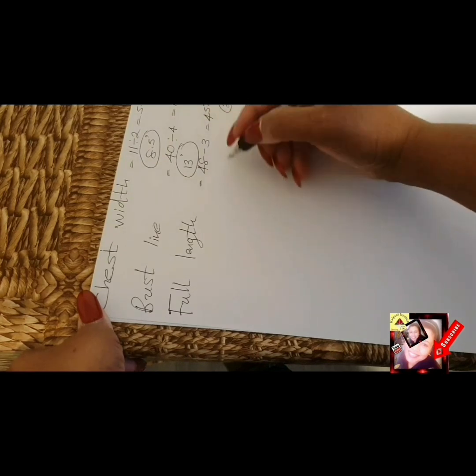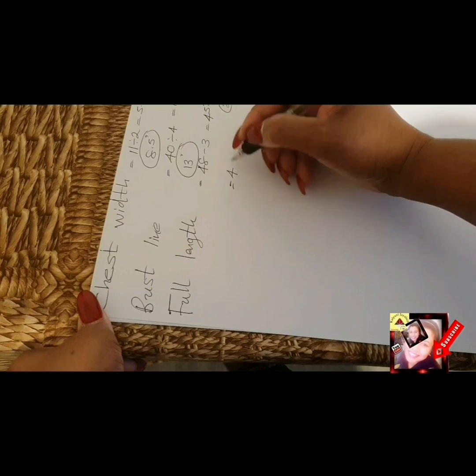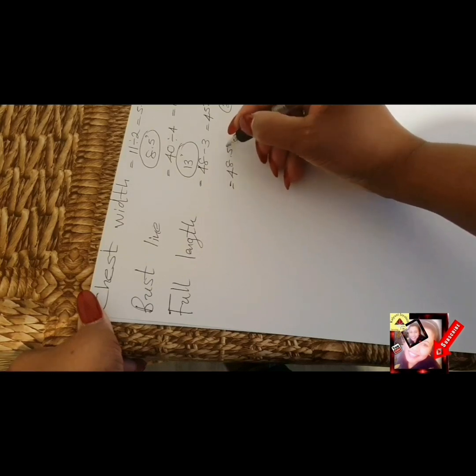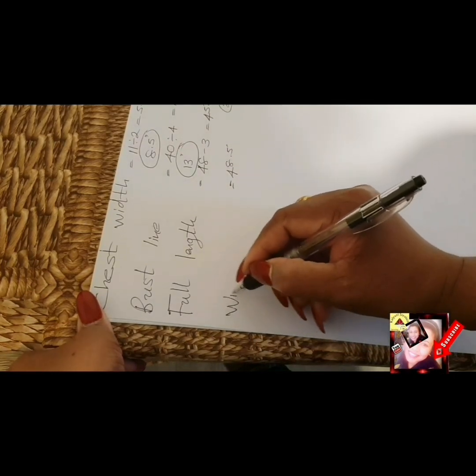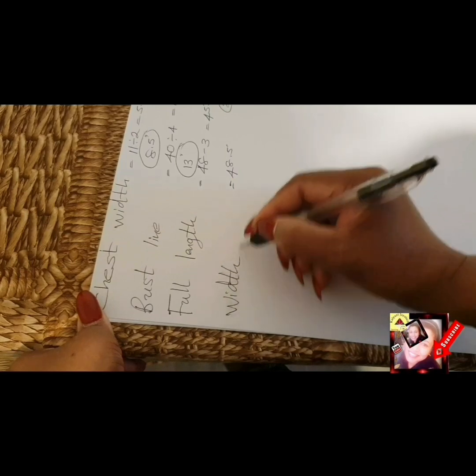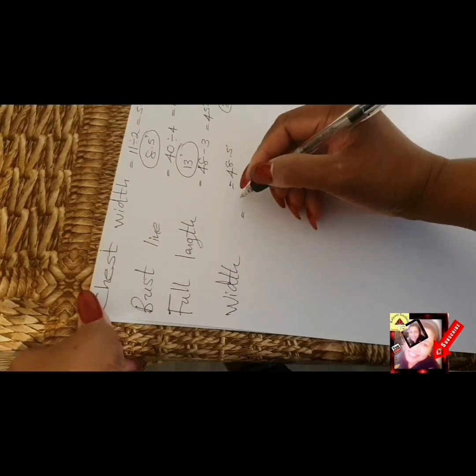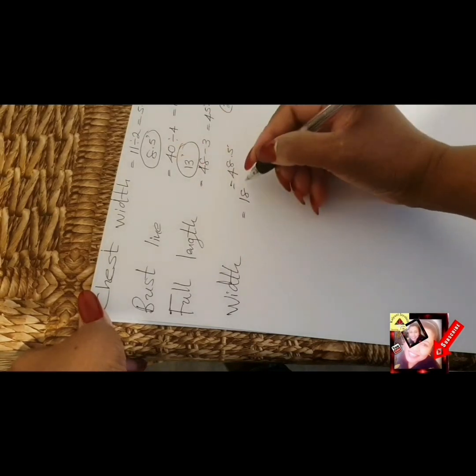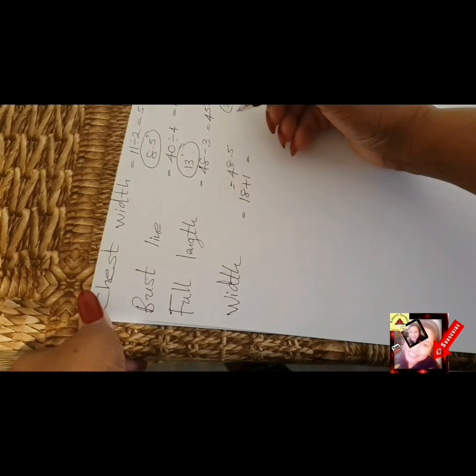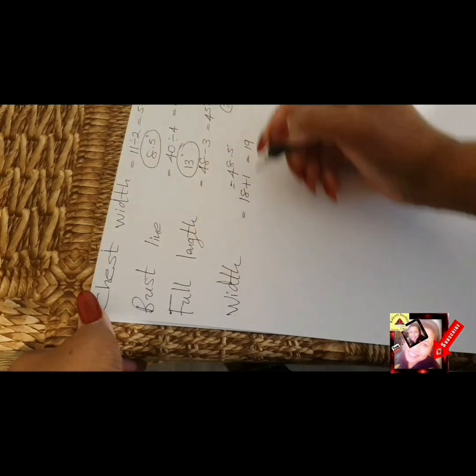So altogether it's 48.5, so the width of my night dress will be 18. Also I'm adding 1 inch for measurement. So it's 19 inches.